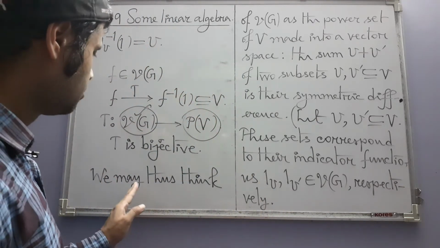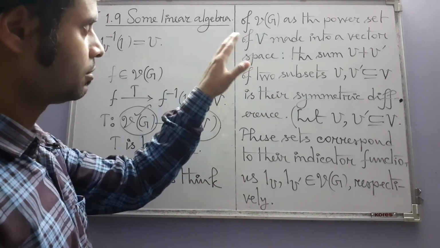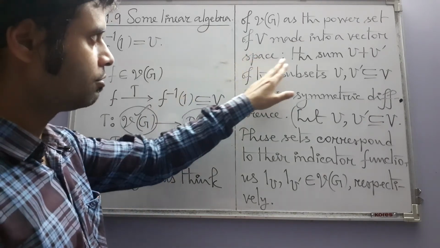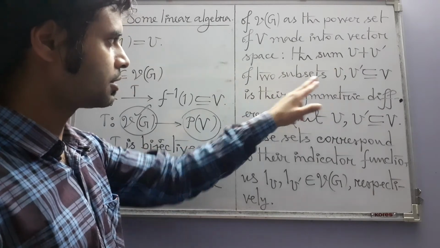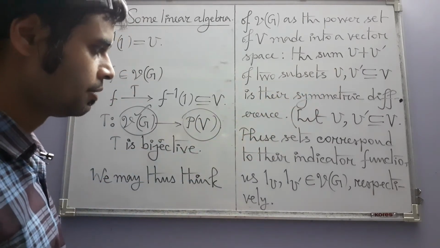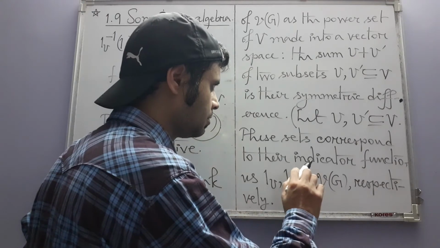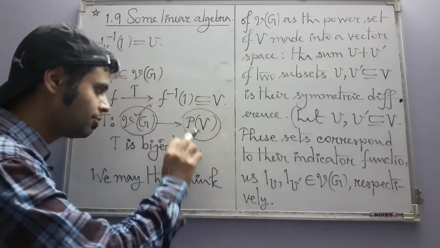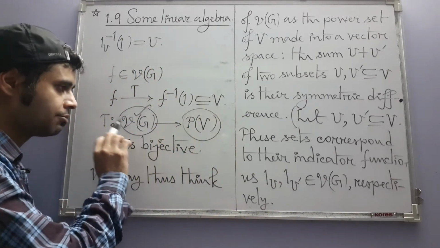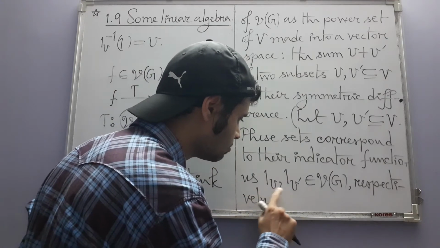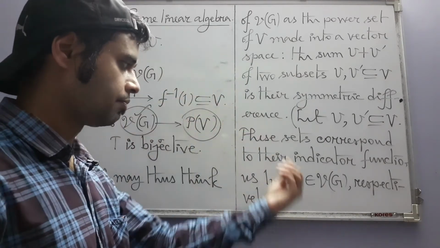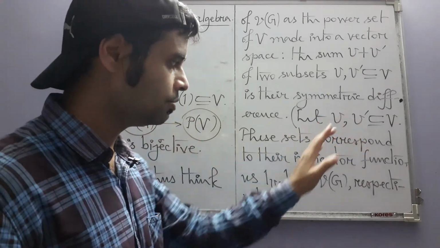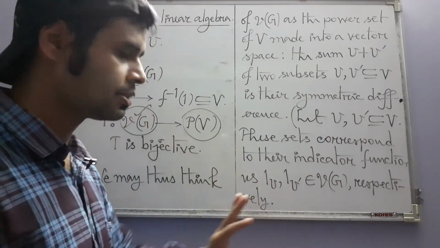Now what does this mean? We may think of this as the power set itself of V, that means P of V, made into a vector space where the sum of two subsets is their symmetric difference. What this means is that we don't know what the sum should be in P of V. That should correspond to the sum between these two functions, their versions in the vector space nu of G. I mean the versions of u and u prime in nu of G are these indicator functions.